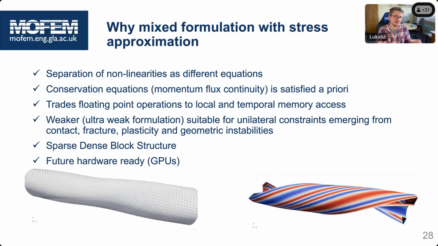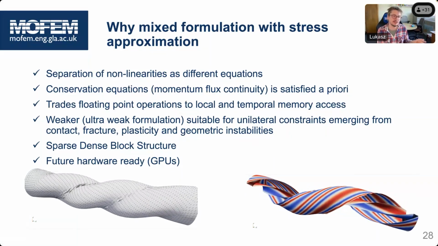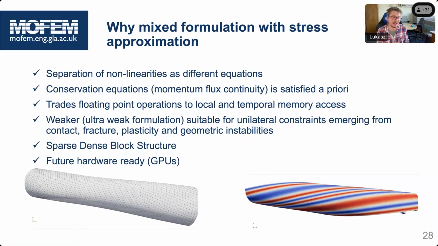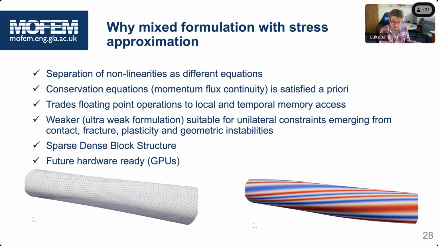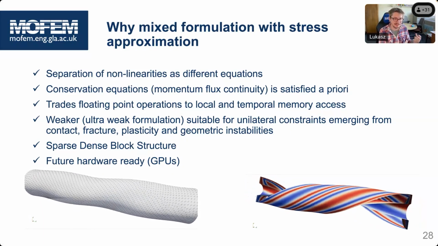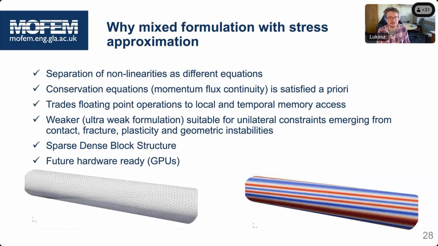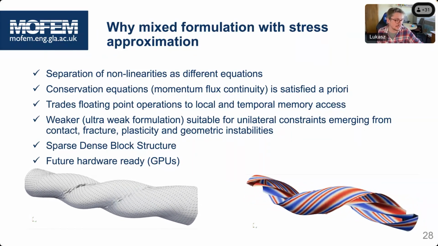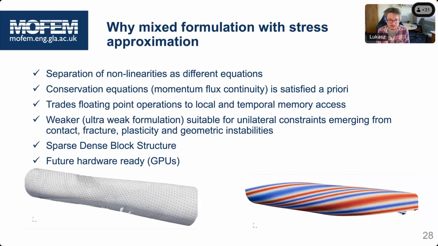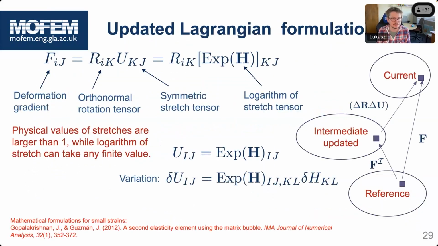This is a consequence of the separation of the nonlinearities, and then we have more fields. We have a sparse dense block structure which we can exploit, and the method is future hardware ready. This is my argument, and I will argue for mixed formulations as a result of that.